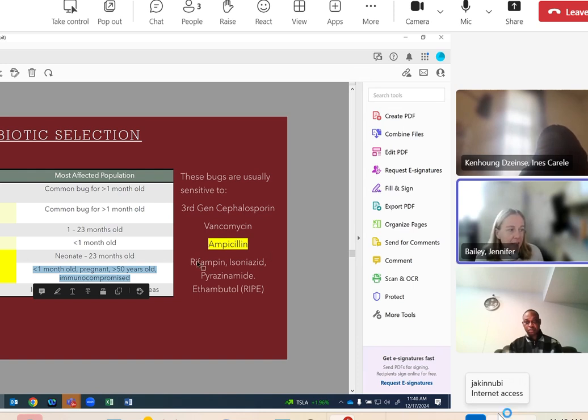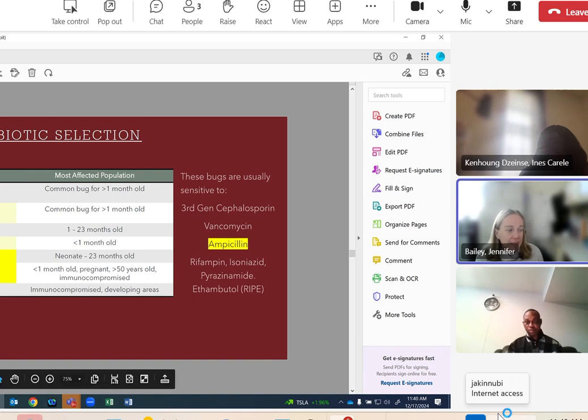So ampicillin is really primarily specific to listeria, and no other drug covers that. So the cephalosporin doesn't cover listeria, vancomycin doesn't cover listeria. If a patient meets these criteria and needs to be treated for listeria, they need to have ampicillin added to their regimen.